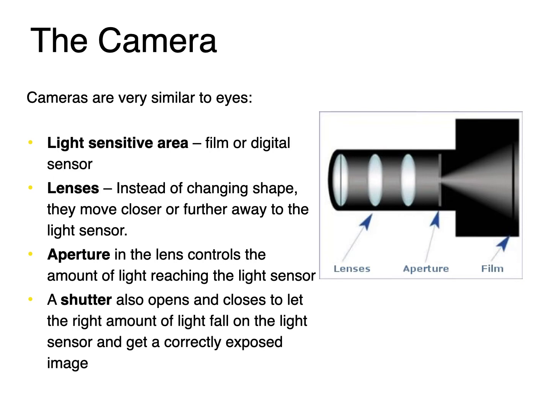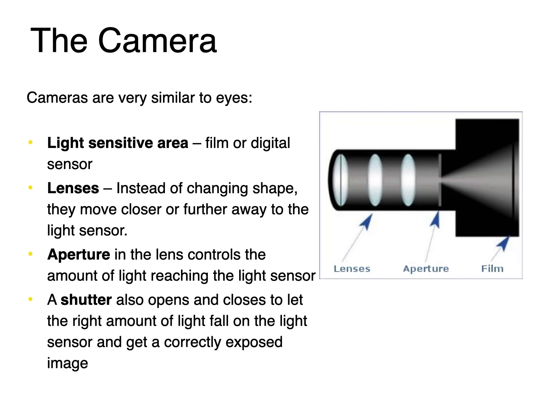Aperture in the lens controls the amount of light reaching the light sensor. You can include a fourth element, the shutter, which also opens and closes to let the right amount of light fall on the light sensor and get a correctly exposed image. So this is the basic mechanism of a digital camera, where we are relating to the human eye.